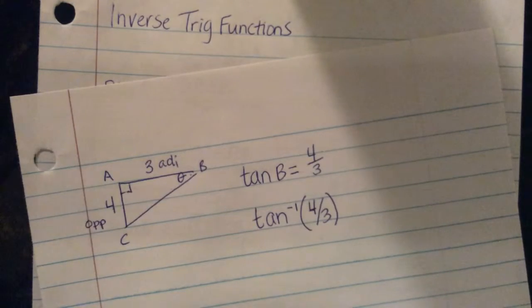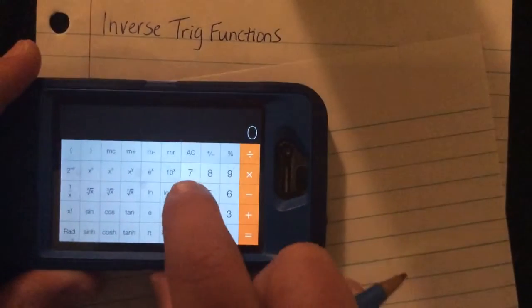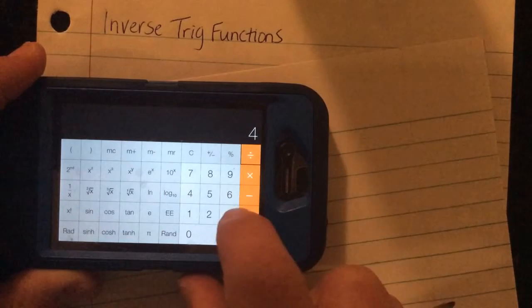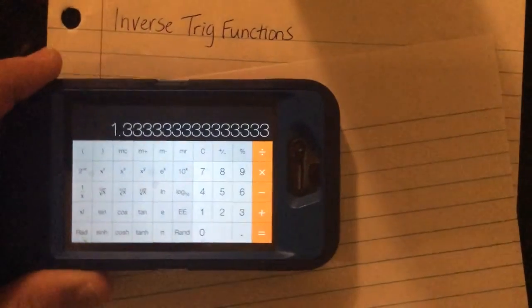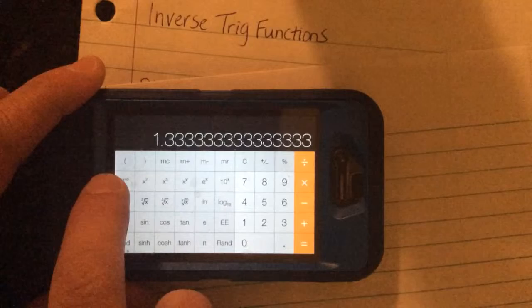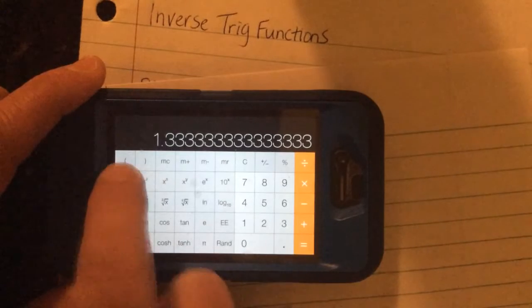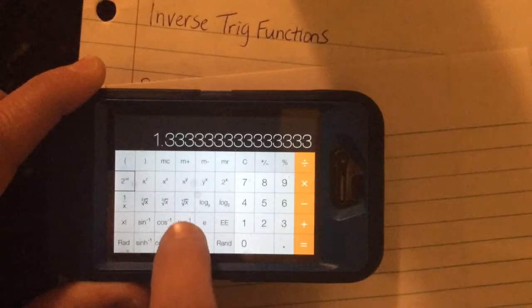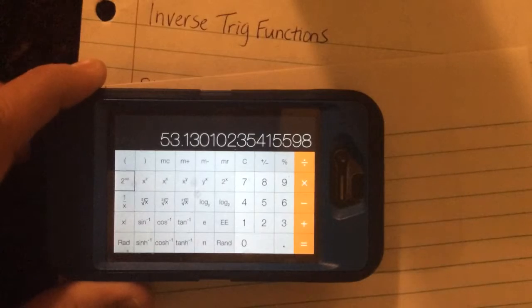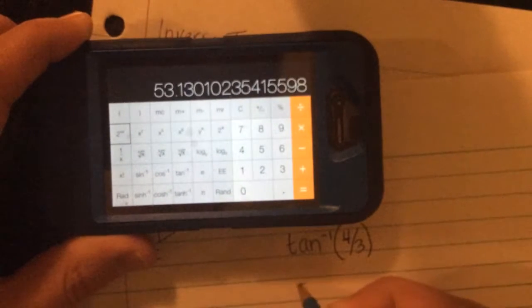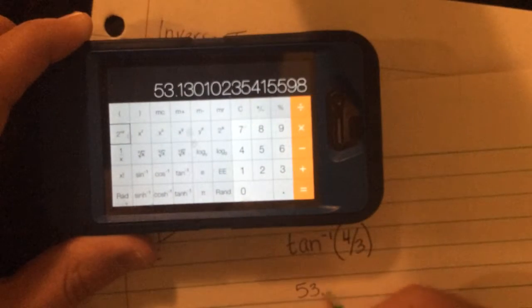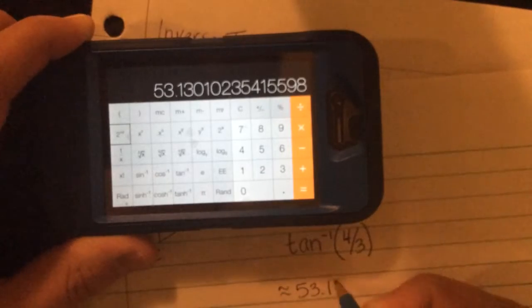On my calculator here, I'll do 4 divided by 3. And then I have this scientific calculator sideways, so I'm going to hit second. There's my inverse tangent, so my angle would be 53.1 degrees.